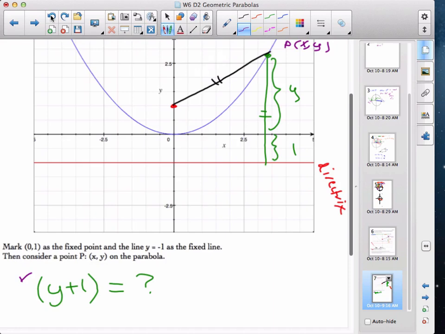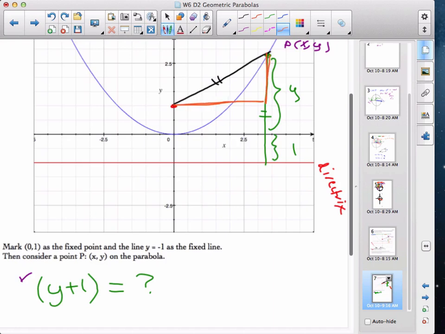Yeah, in black. We looked at it more like the Pythagorean theorem, that if we were to draw a line from the focus to where it meets the y plus 1 line. Sure, so we draw a little horizontal line here, and then we've got this vertical piece right there.